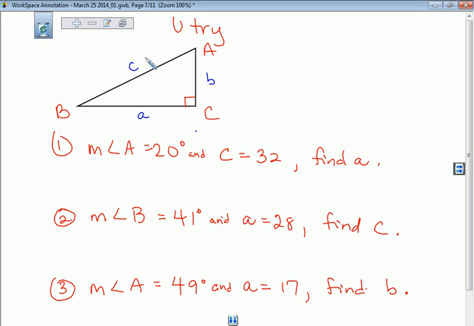It says that C is 32. So now I have 32. You have your C wrong. C right there would be the hypotenuse. C is your hypotenuse. That's right.